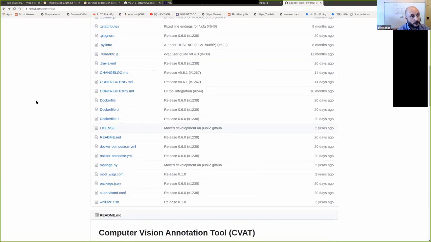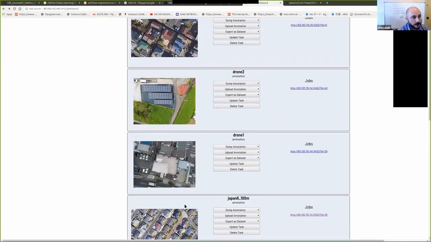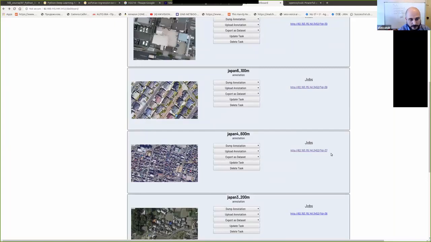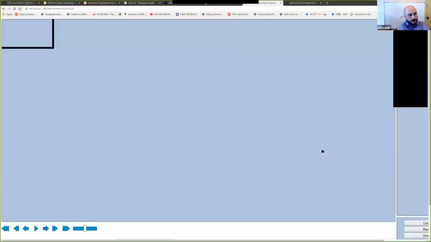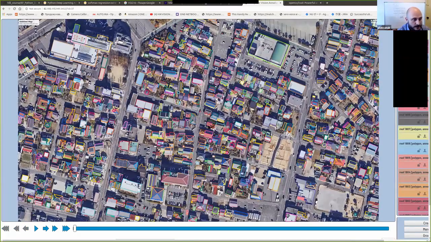Yes, and you can perform many types of data annotations here. Let me show you, I want to show exactly this link to you. It takes time to load the entire annotation, but I want you to see how it looks, because it is quite an interesting thing to see.